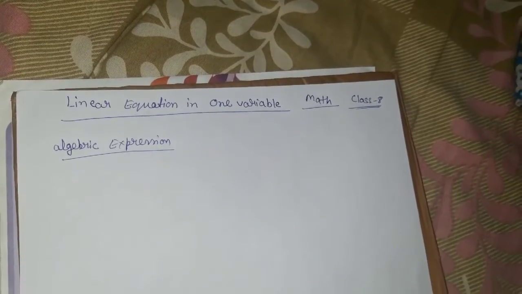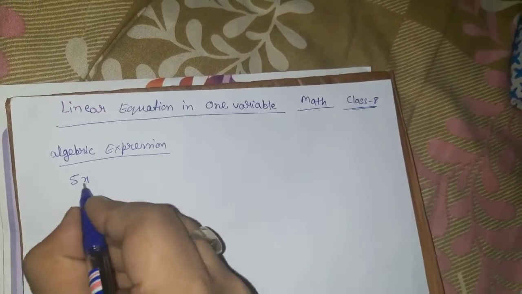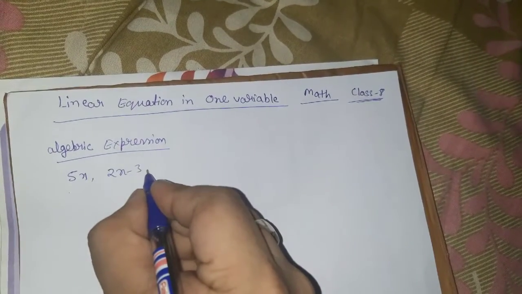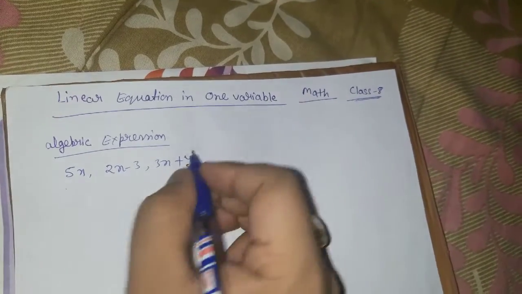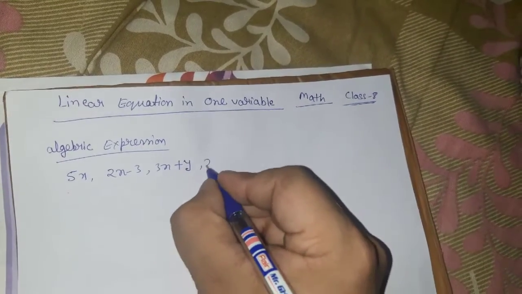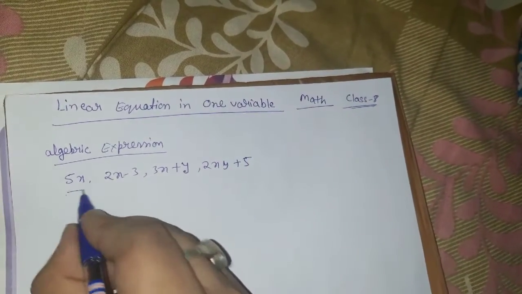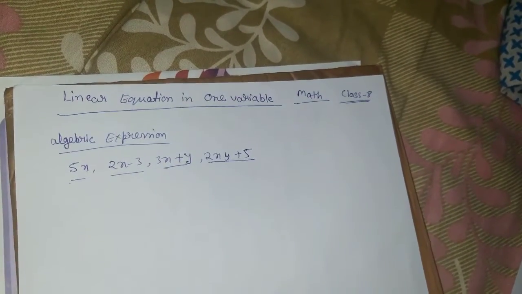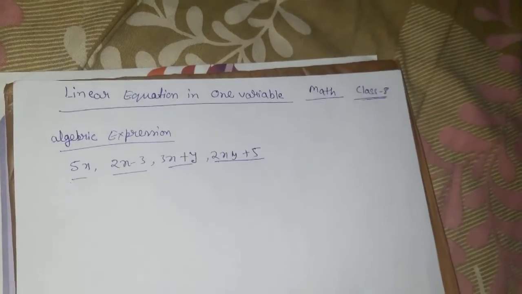What is an algebraic expression? 5x, 2x minus 3, 3x plus y, 2xy plus 5. These are algebraic expressions, some of which have two variables.